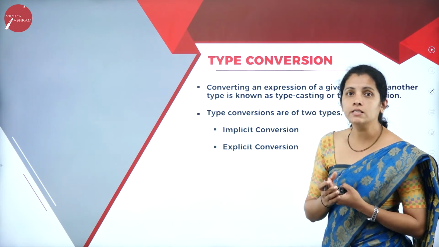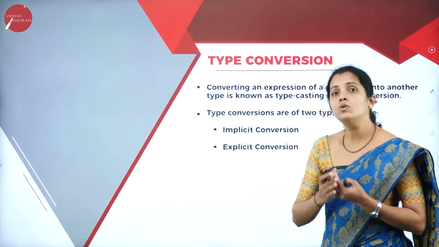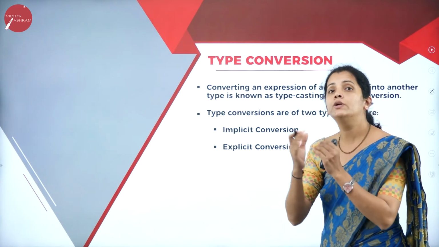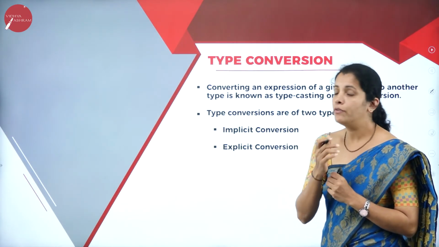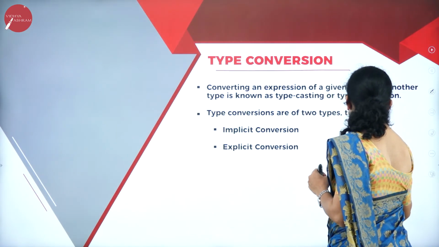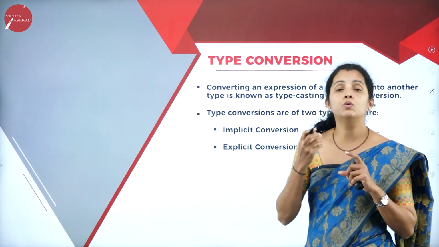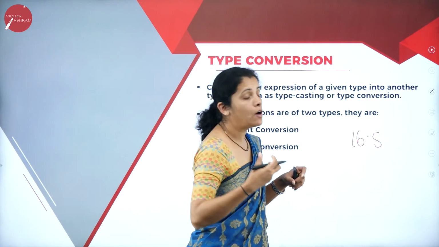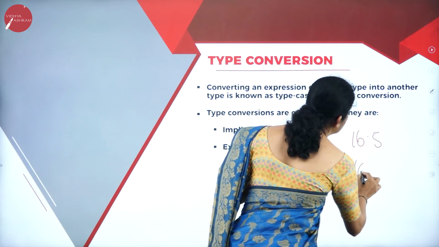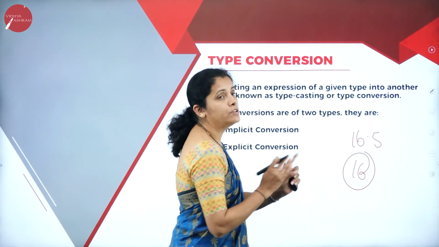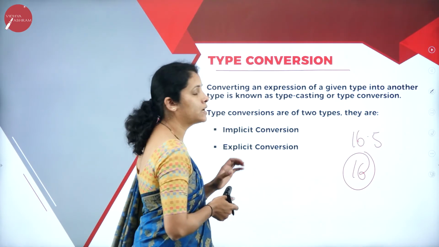So what is type conversion? I want to convert one type of variable into another type. For example, think that you have 16.5. Now you want to make this 16.5 into a round figure, that is 16. So this kind of conversion is called type conversion.